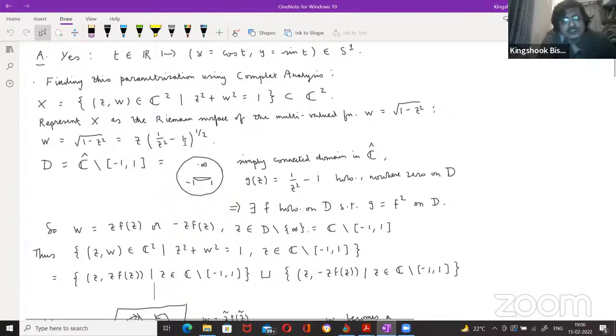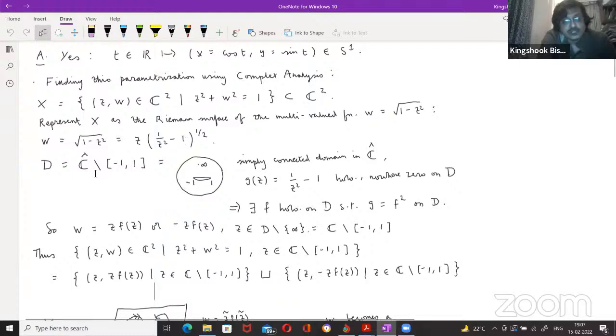Here we can use a little complex analysis. We know that if we have a holomorphic function on a simply connected domain, which is non-zero at every point in the domain, then it has a holomorphic square root in that domain. That's what we're going to use. So we look at this function 1 over z squared minus 1. Where is it holomorphic and non-zero?